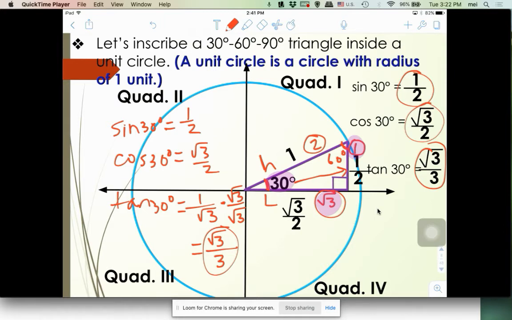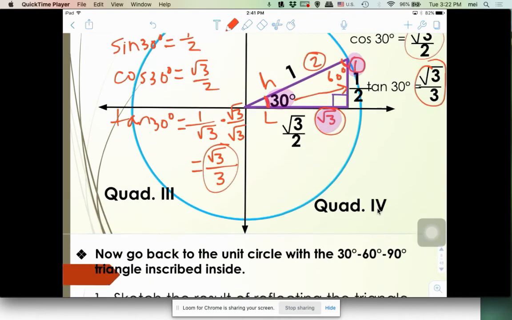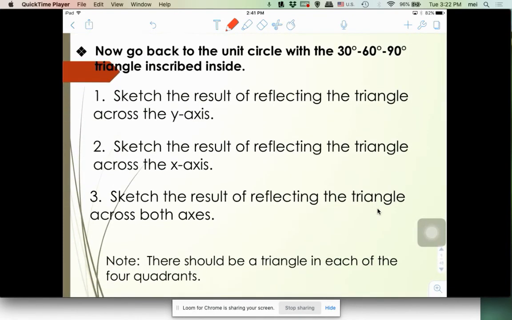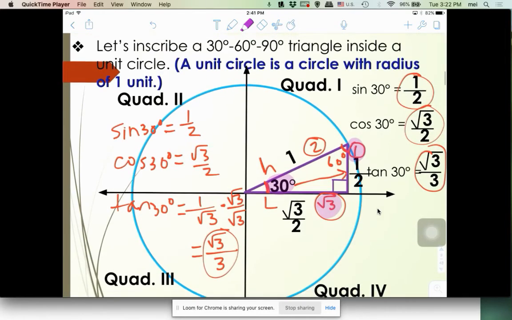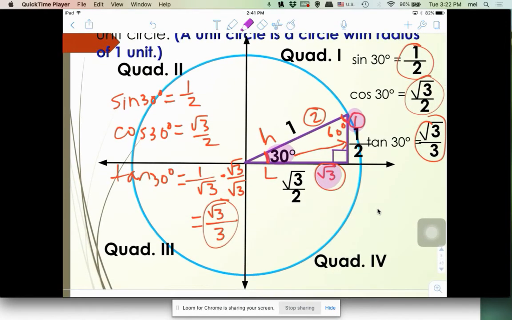Now we're going to take a look at the next step, which means we're going to follow the routine and sketch those reflecting triangles across the y-axis and then the x-axis. So again, we're going to have four triangles all together. Let me clean up the board a little bit first.